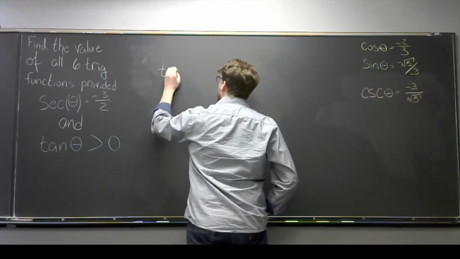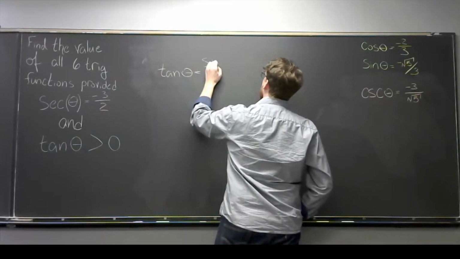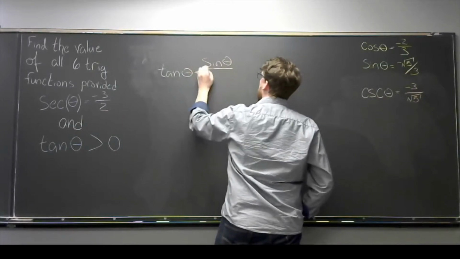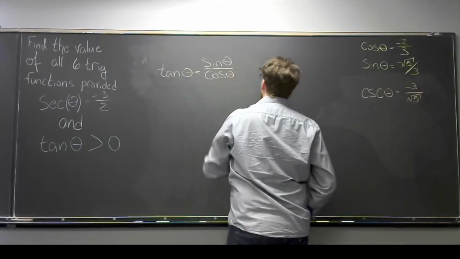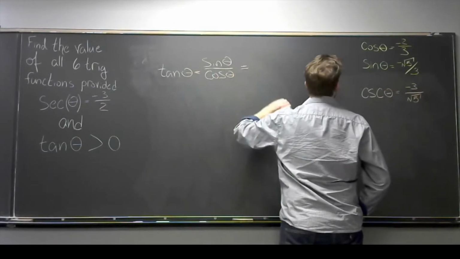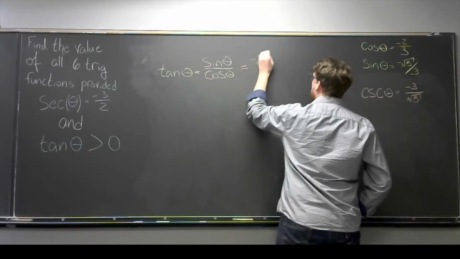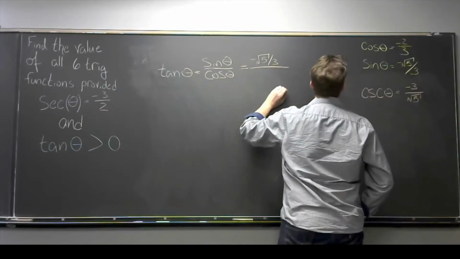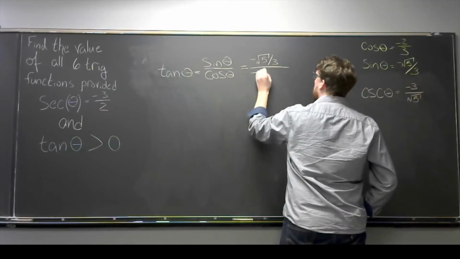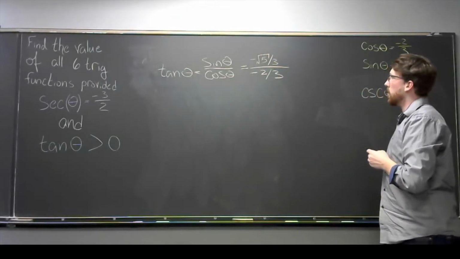Tangent of theta is equal to sine theta over cosine theta, which is equal to negative square root of 5 over 3, over negative 2 over 3.